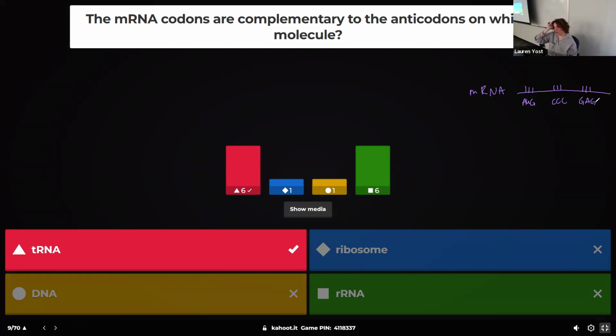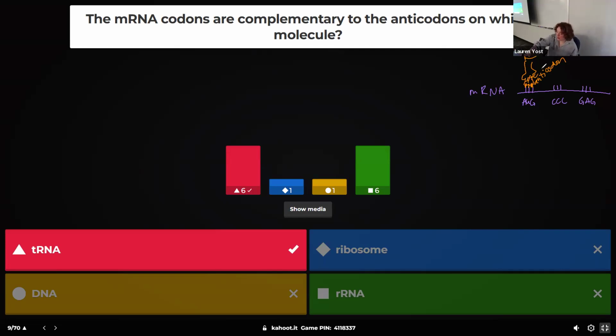So there's our mRNA codon that then the tRNA comes in and matches it up and brings in an amino acid. And then this right here is the anticodon. In this case, if that was AUG, this would be UAC, for example. Okay, so that's what the anticodon is.